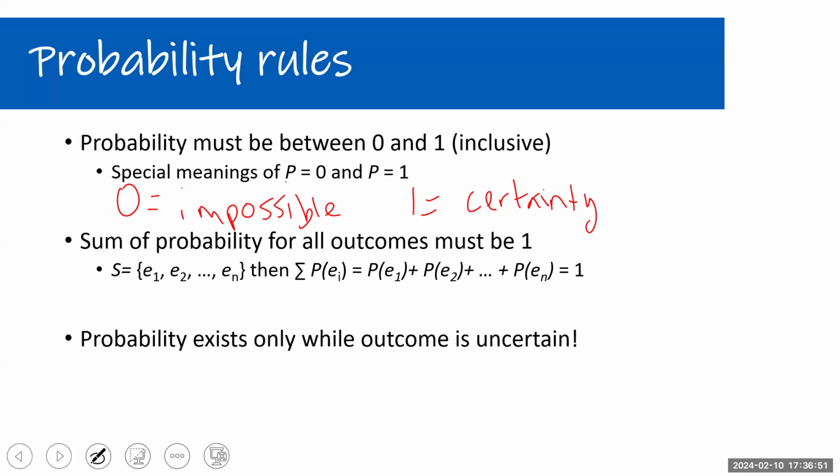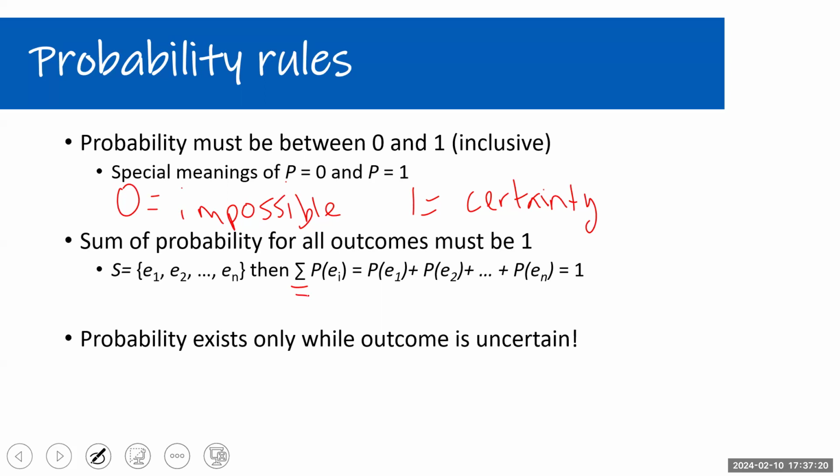If I add up the probabilities for all of my individual outcomes, they have to add up to 1. Thinking about tossing the fair die, the probability I get a 1 plus the probability I get a 2 plus the probability of 3 plus 4 plus 5 plus 6 is going to be 1. That's because I have 1/6 plus 1/6 plus 1/6, six times, to give me a 1.